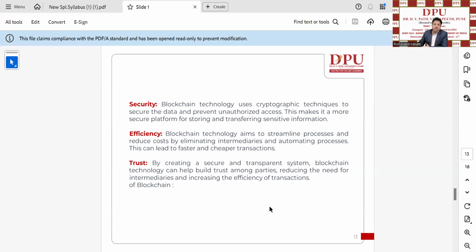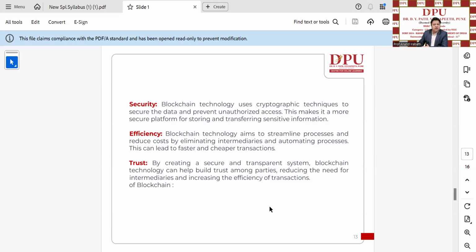The next objective is to improve efficiency, to streamline the processes and reduce the cost by eliminating the intermediaries and even automating some of the processes by using smart contracts. Smart contracts will automate some of the processes, and blockchain will reduce the transaction fees.